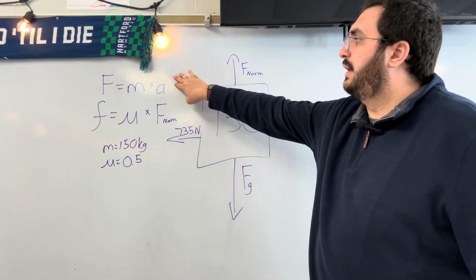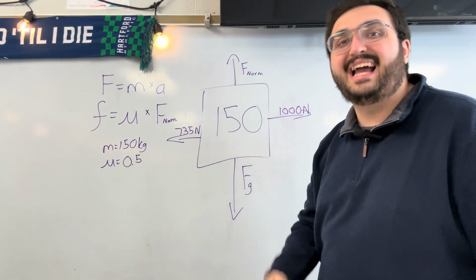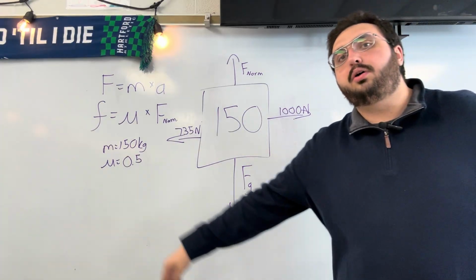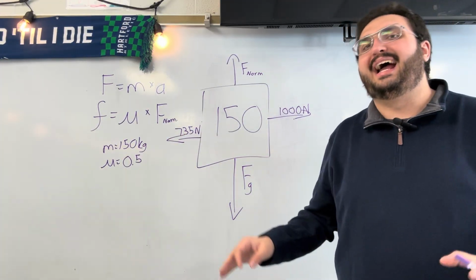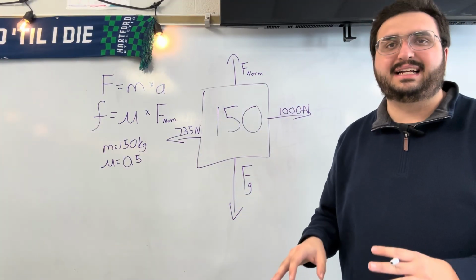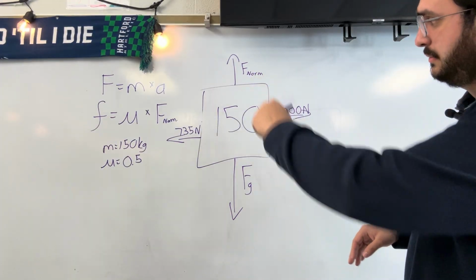Acceleration, when I'm dealing with F equals ma, Newton's second law, only can be found from the net force acting on an object. Once I figure out all the forces acting on it, total them all up, add them all together, figure out what's left over, that and only that is when I can figure out acceleration.